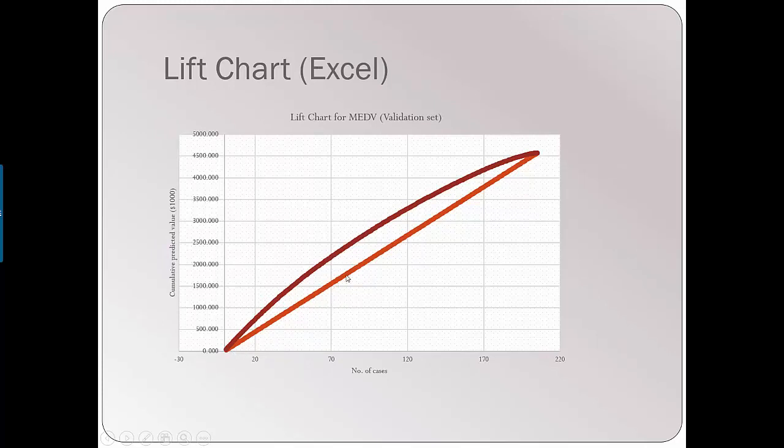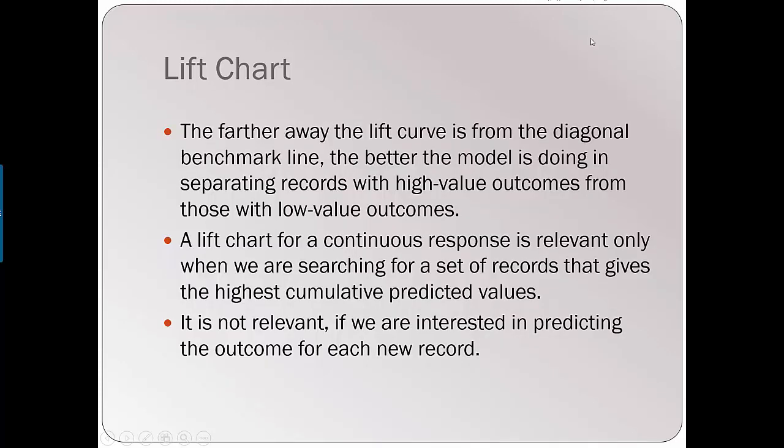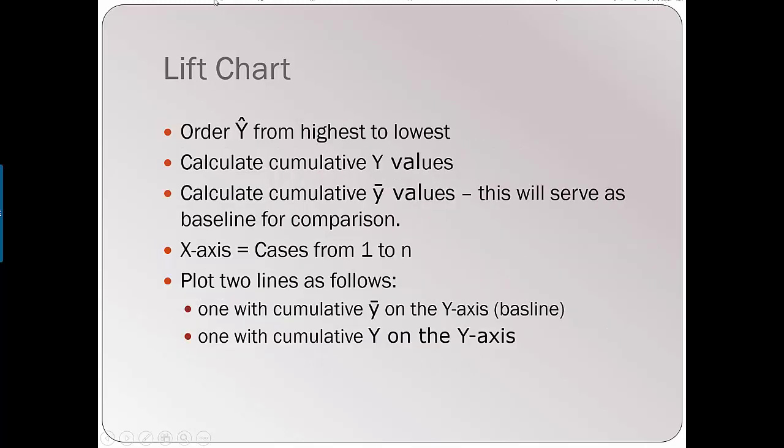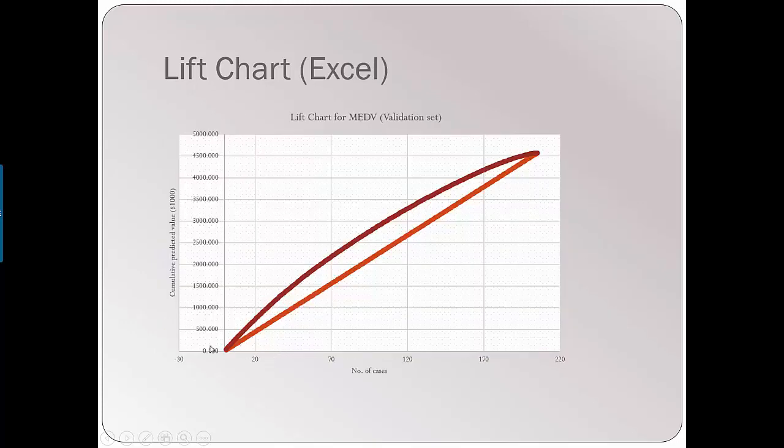Here is your y bar, and here is the cumulative. This is cumulative y bar, and this is cumulative y with y ordered by the descending order of y hat. If the sorted y hat also sorts y values, then you will see the cumulative y value rising very quickly, then flattening and joining up like that.